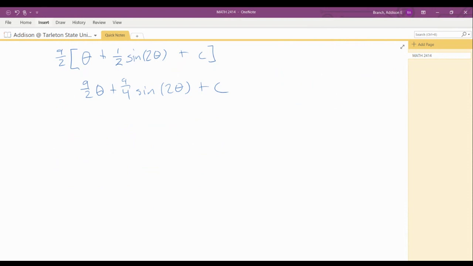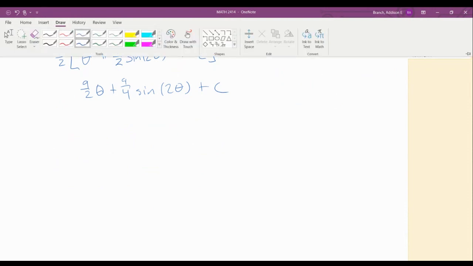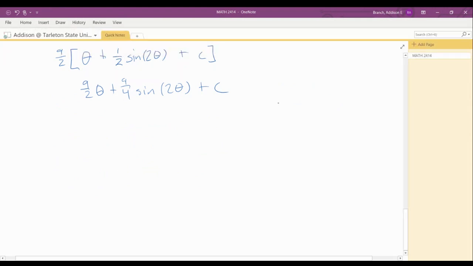So earlier we said that x is equal to 3 sine of theta. Well, if we divide both sides by 3, we're going to get x over 3 is equal to sine of theta. And we know that sine of theta is equal to opposite over hypotenuse in a right triangle.